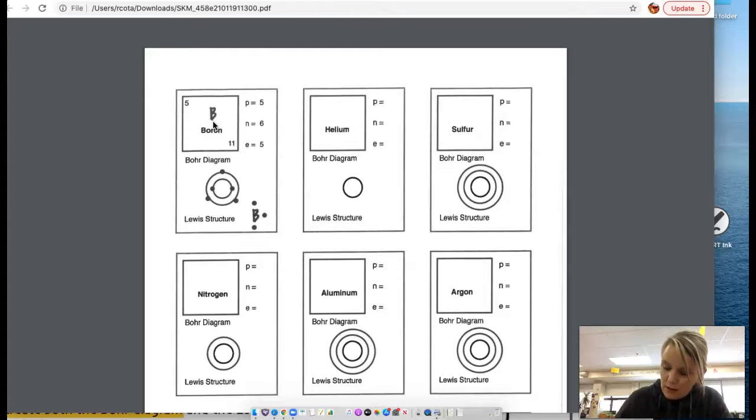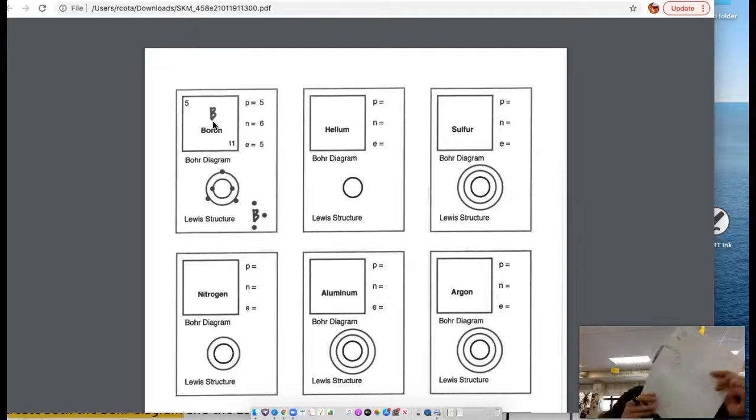And then we have a Bohr diagram where we have 2 electrons in the first shell and we have 3 in the second.